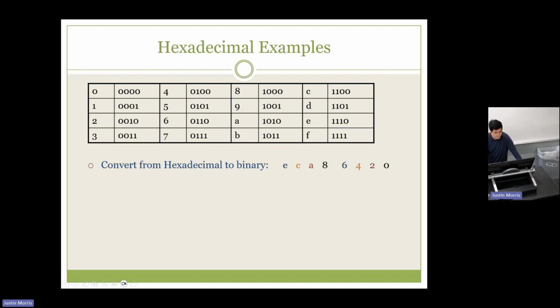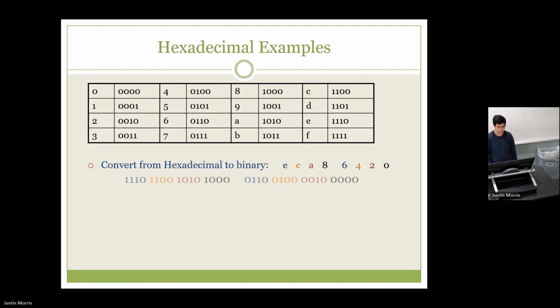So we want to convert from hexadecimal to binary. One thing that could be easy is to convert from the hex to the decimal representation, then take that decimal representation for each individual digit. So E is 14.